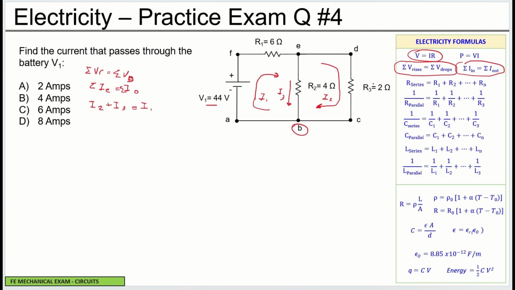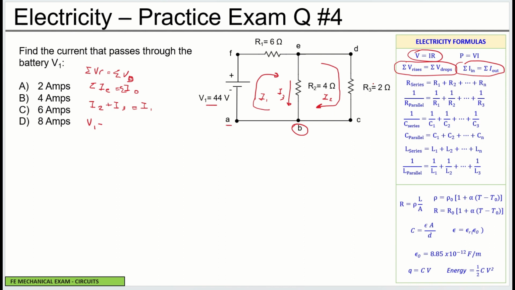The second equation is the first circuit on the left. Let's start from node A, then F, E, B. What enters is positive, and this is V1. The next one we see is FE, which is the resistor R1. This is negative because it's consumption. Everything that goes in the same direction of the current and passes through a resistor is negative.